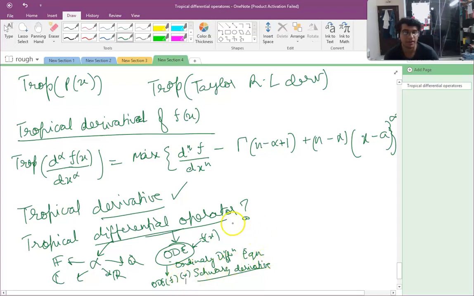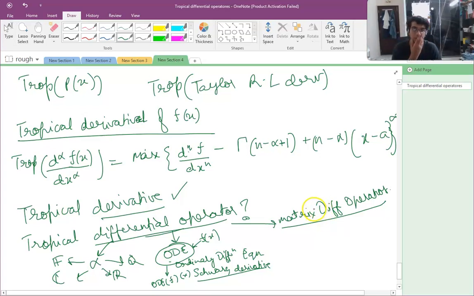Okay, and lastly, I can think about matrix differential operators. Now, this is a more commonly seen version of differential operators.